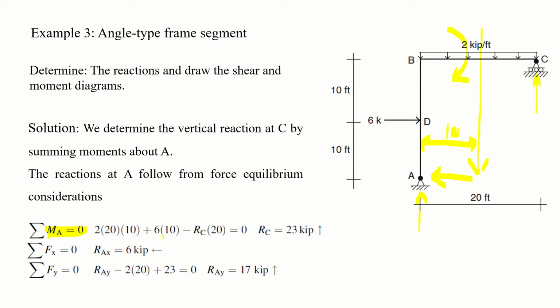Plus 6 into 10, this 6, and this is the distance. So it is also causing bending moment in clockwise direction about point A. Both are positive, minus RC into 20, since RC is making bending moment in the anti-clockwise direction. So they have taken it as a negative. Solving this equation, you get the value of RC is equal to 23 kips, right? So now you have got the reaction at C as 23 kip.